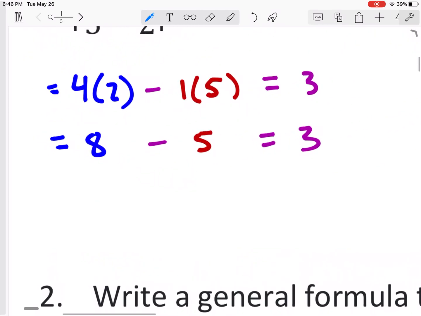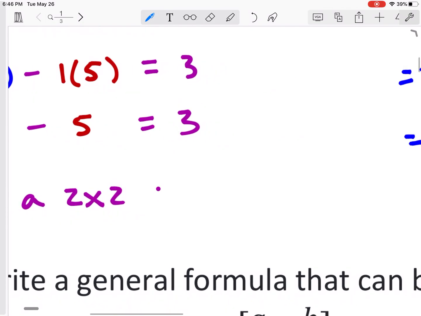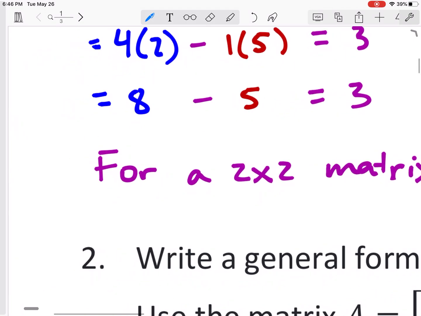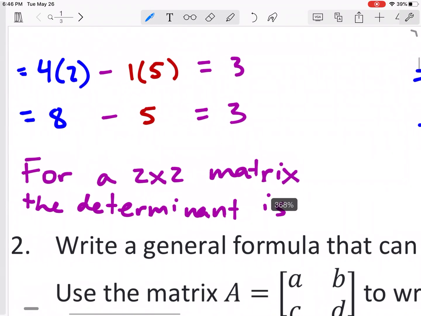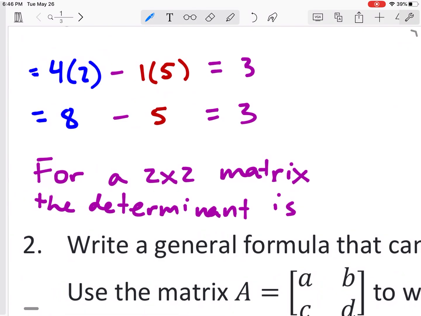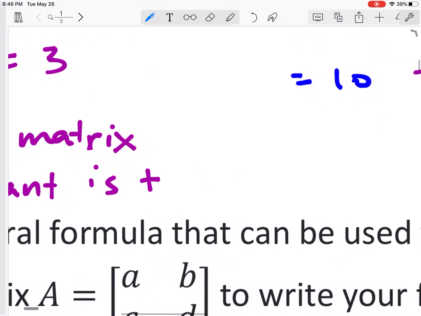For a 2x2 matrix, the determinant is, well, it's a subtraction, so that's the difference. Difference is our word for subtraction.